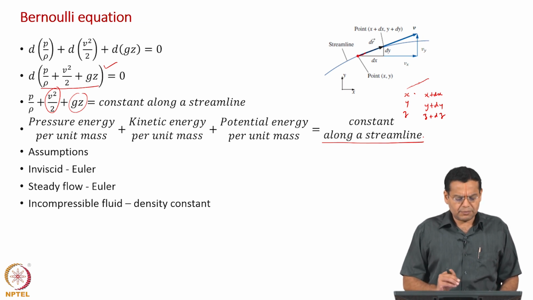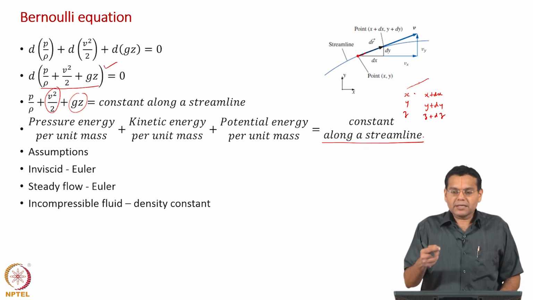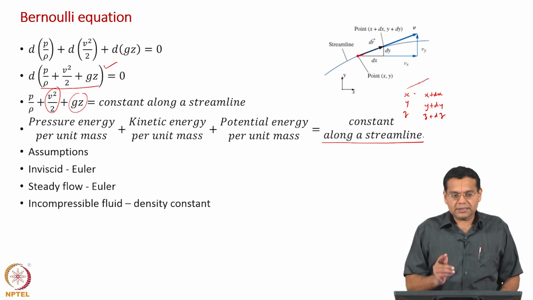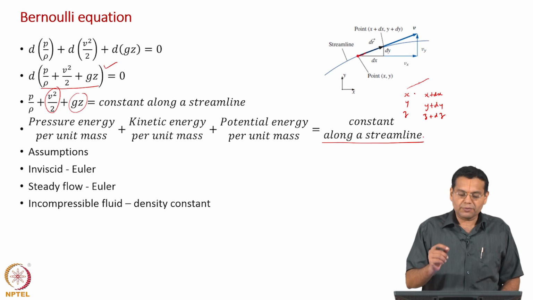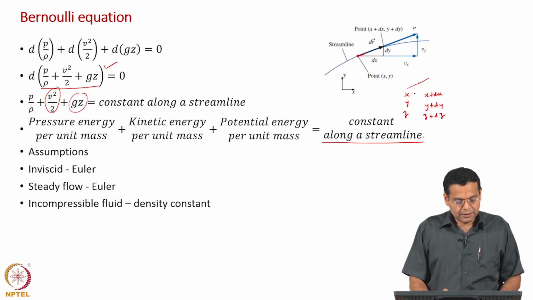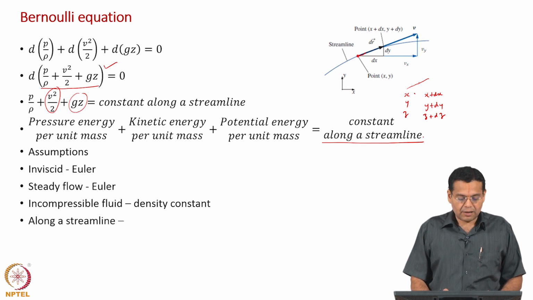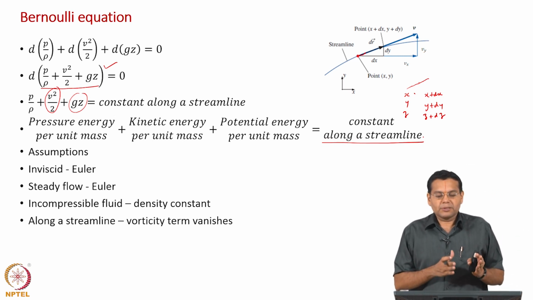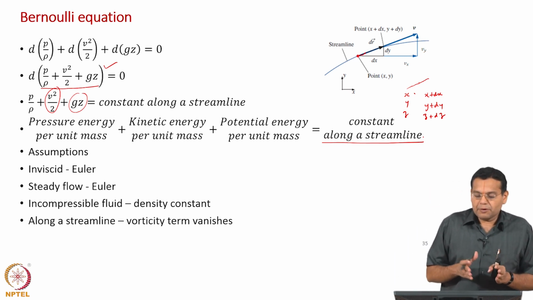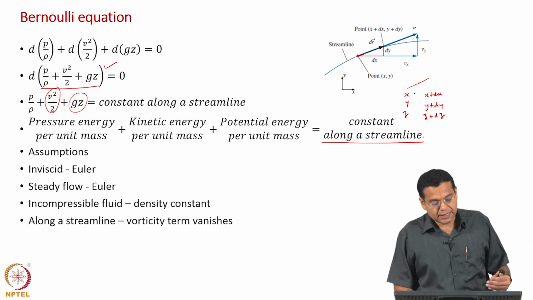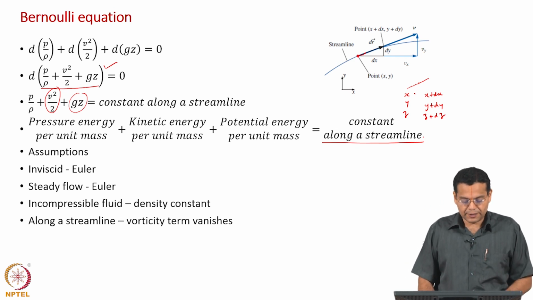In fact, remember when we discussed the continuity equation, it is applicable for incompressible flow also, which means that the equation I derived is not necessarily for, let us say, water, it is also for flow of air at low velocities. That is why we define incompressible flow, and along a streamline. So, Bernoulli's equation tells us that the sum of these 3 energies is a constant along a streamline, for steady inviscid flow of an incompressible fluid.